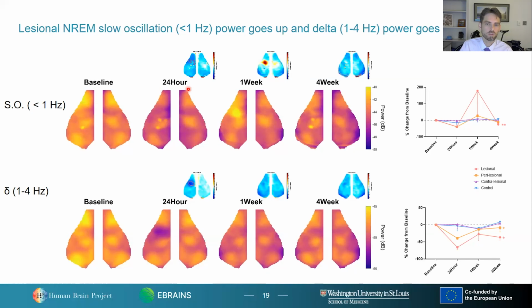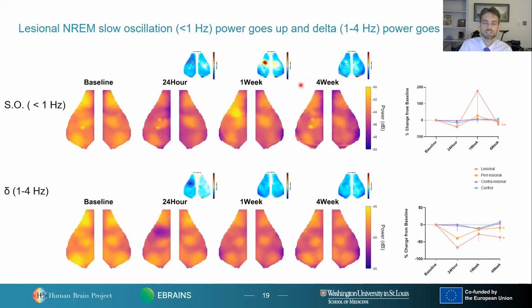Initially, in the first 24 hours, we see relative to baseline a global decrease in delta power, but it only reaches significance in the lesional and perilesional areas that you can see here by statistical non-parametric mapping. Interestingly, at the 1 week time point, we see that very focal and large increase in the slow oscillation power, where we still see this globally persistent but non-significant decrease in the delta wave power at 1 week.